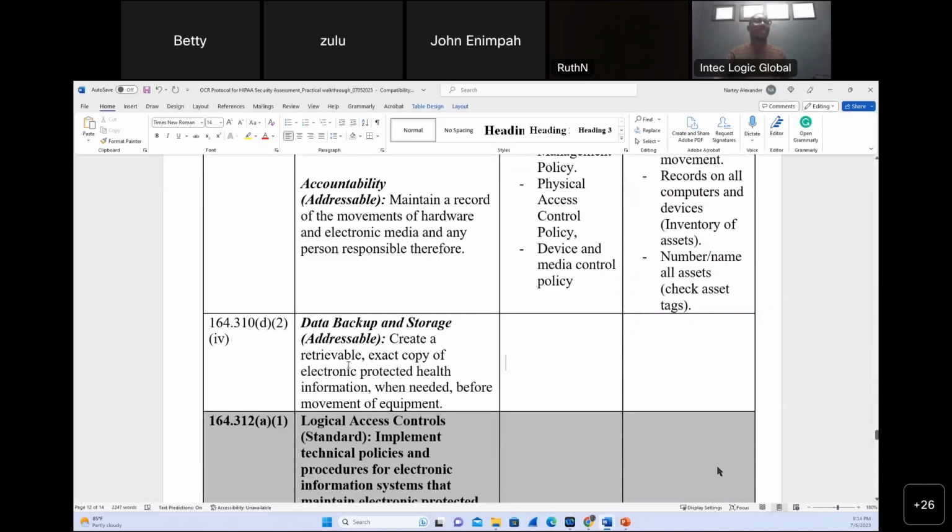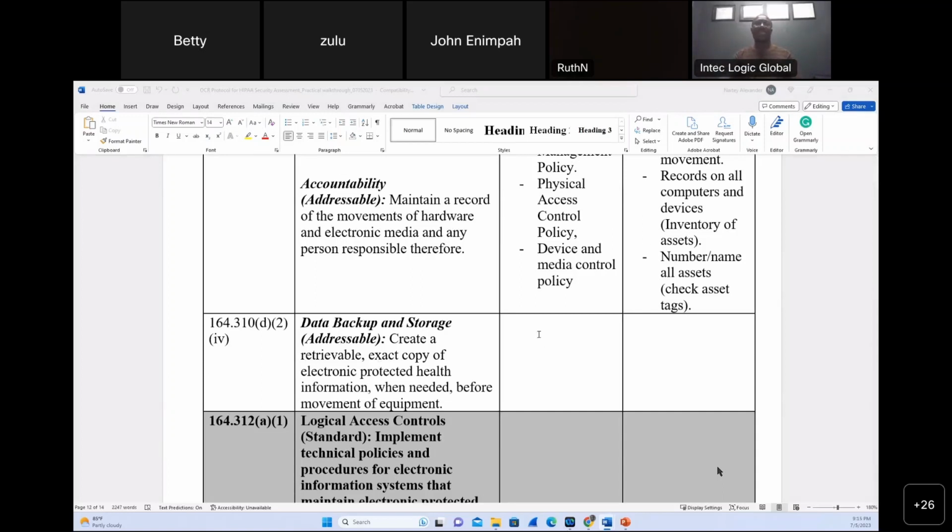Data backup. Create retrievable exact copies of electronic protected health information when needed before movement. So when you are moving data from one campus to another campus, HIPAA requires that you create exact copies, so that along the way, if something happened, you are being attacked, or maybe you lose a laptop, you will be able to have exact copies of that data that you were moving.